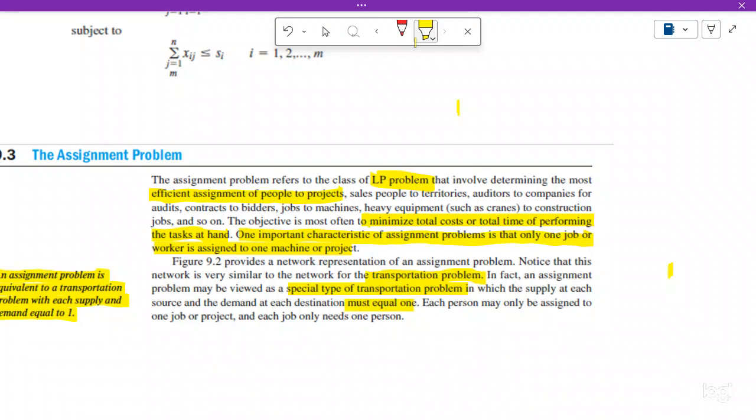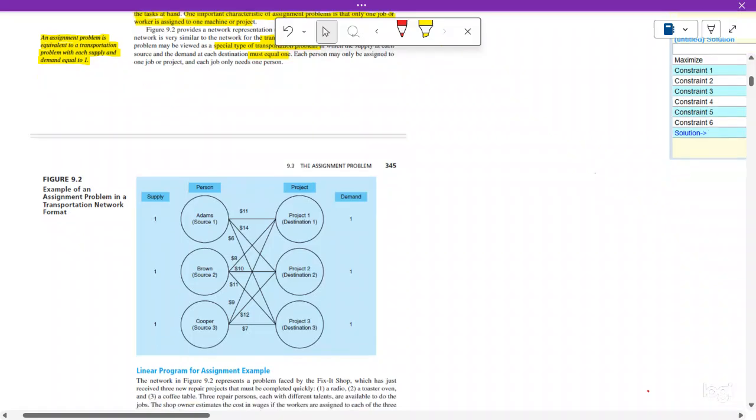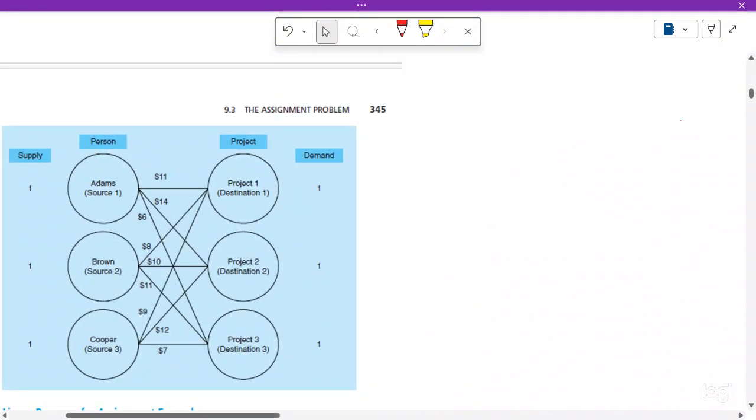Each person may only be assigned to one job or project, and each job needs one person. Adams is the source, then you assign them to the project, so you want to see the best possible assignment, one best possible combination that will yield low cost.